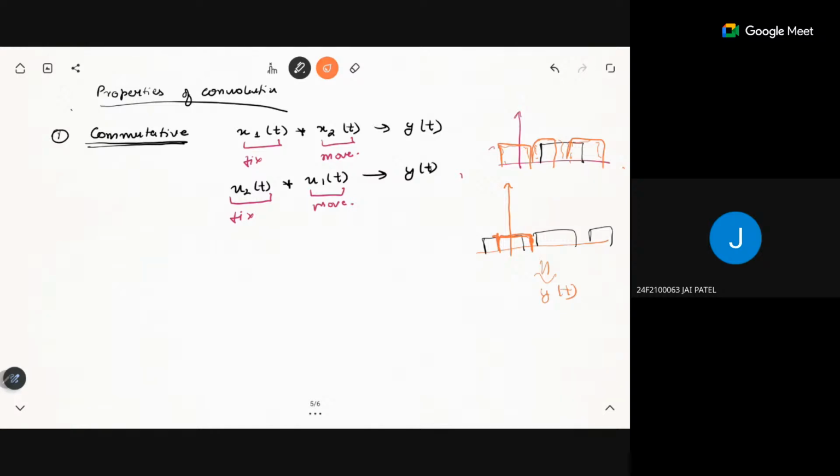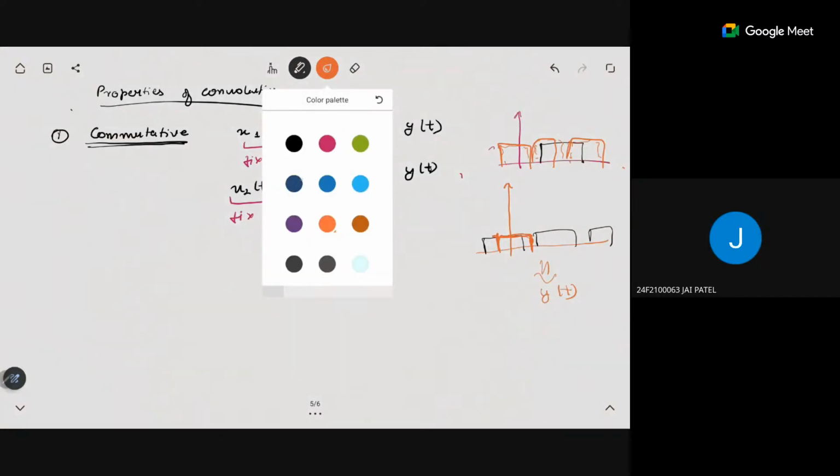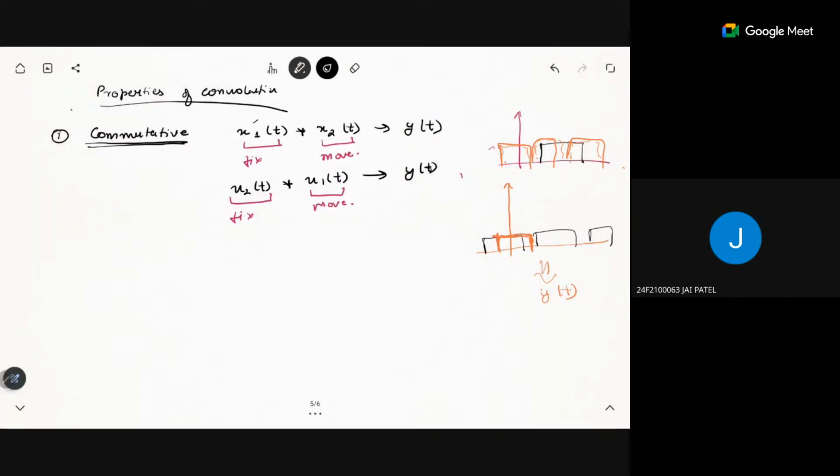Suppose this is some function u of t and this is u of t minus 2, and you are given an output. Now it's being reversed: u of t minus 2 is now my input and u of t is your transfer function, that is h of t.